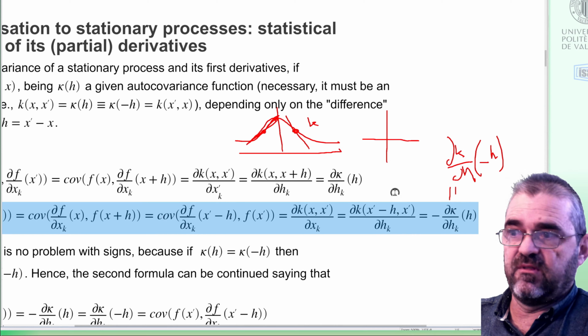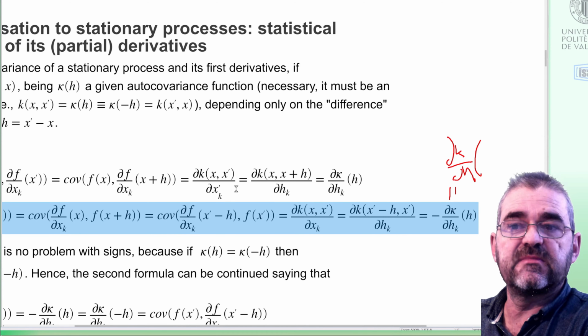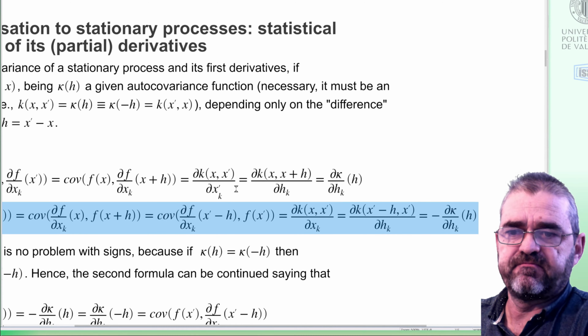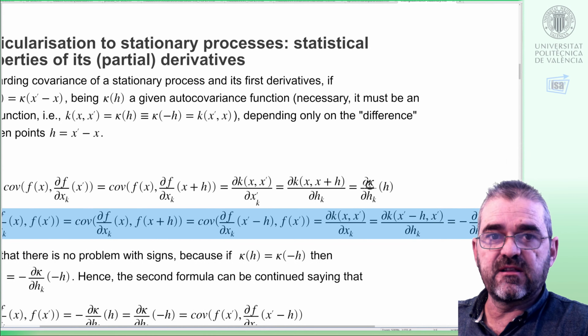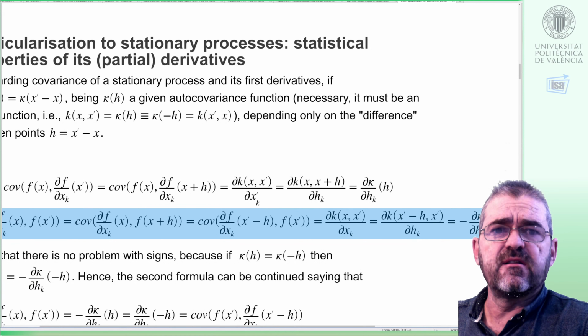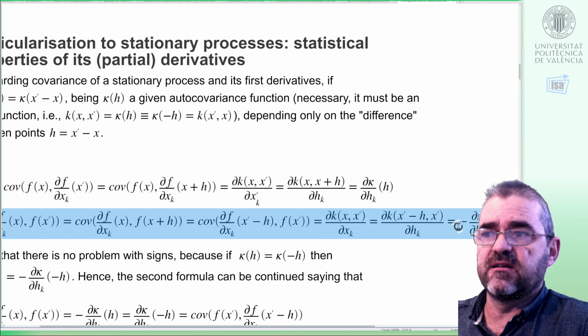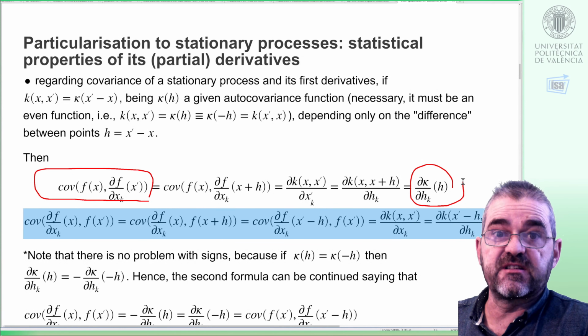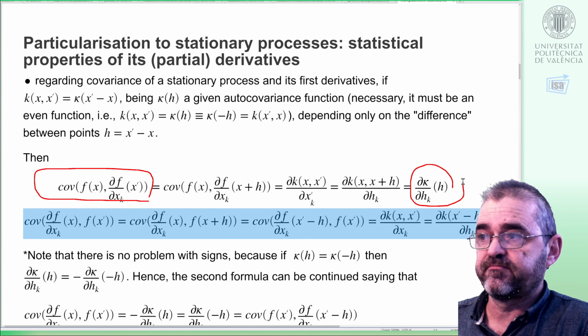So basically those two lines are exactly the same formula. You can evaluate the gradient at minus h or evaluate the gradient at h and change sign, and it's just the same because of the symmetry of the covariances.